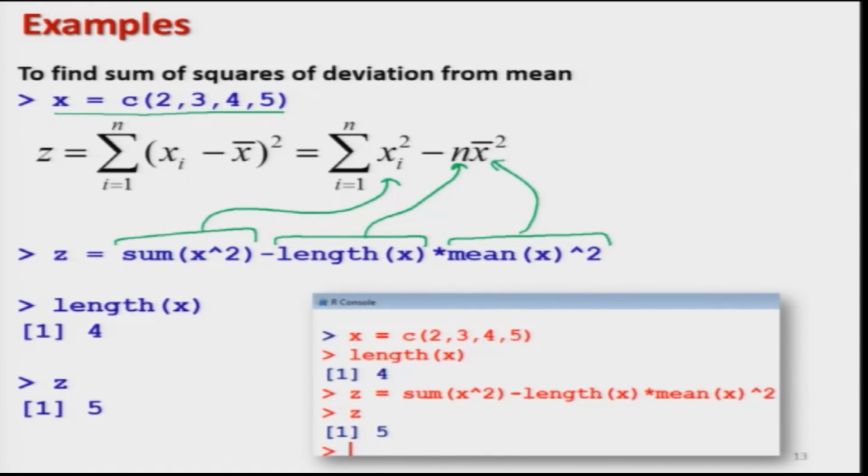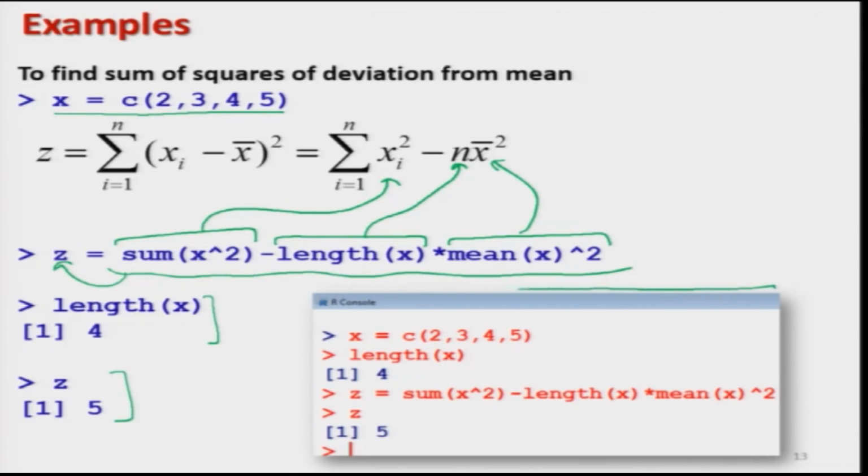Once you store the value of this function into a new variable z and execute it, first I show you the length of x, which comes out to be 4, and the value of z comes out to be 5, and this is the screenshot of the same operation.